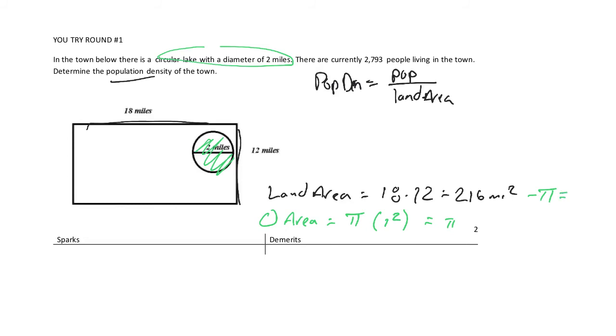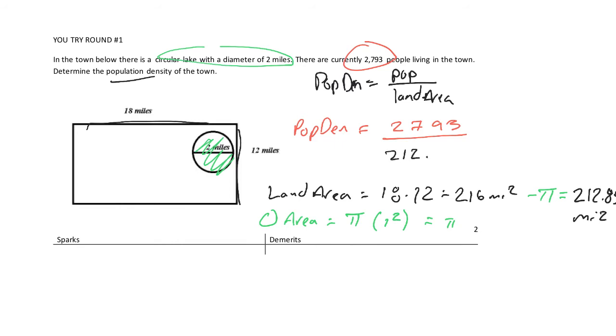So the land area is actually 212.858 miles squared. All right, so that's our land area, and we see that our population is 2,793 people. So the population density equals 2,793 divided by our land area, which is 212.858 miles squared.